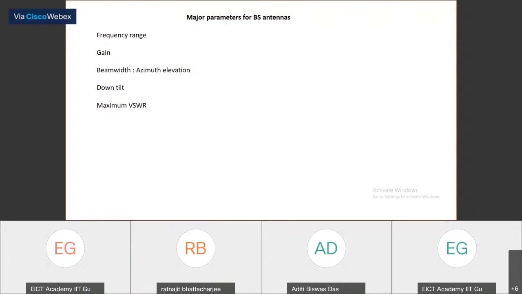Then maximum VSWR. You know that the signal will come from the electronics, and how well it is matched to the antenna system will be determined by the VSWR. We want the VSWR to be ideally 1, no reflection. Practically, if a VSWR is of the order of 1.1, it is a very good match.